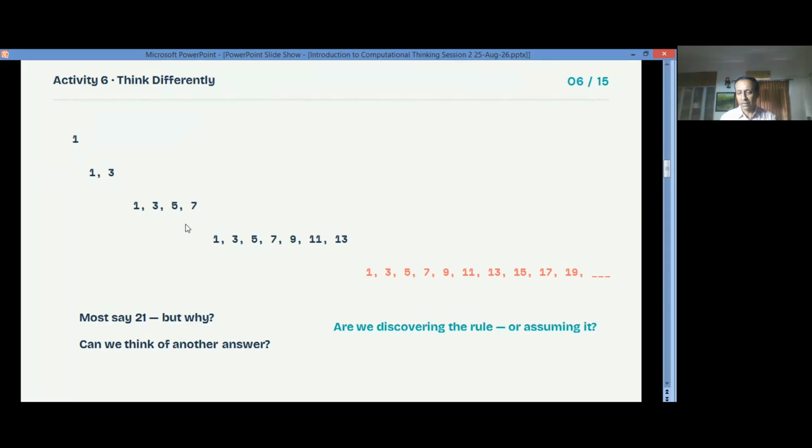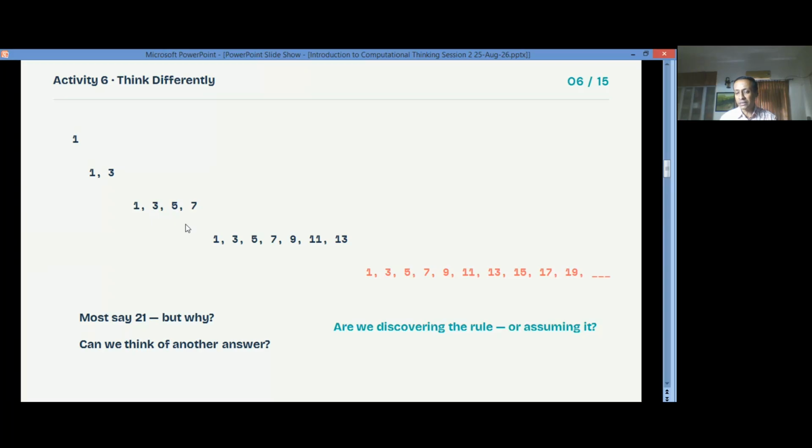Not just the numbers, the digits also. So when you look at the 2-digit numbers in the sequence, they are also comprised of wholly odd digits. If you look at 11, it is 1 and 1. If you look at 13, it is 1 and 3, followed by 1 and 5, 1 and 7, 1 and 9.